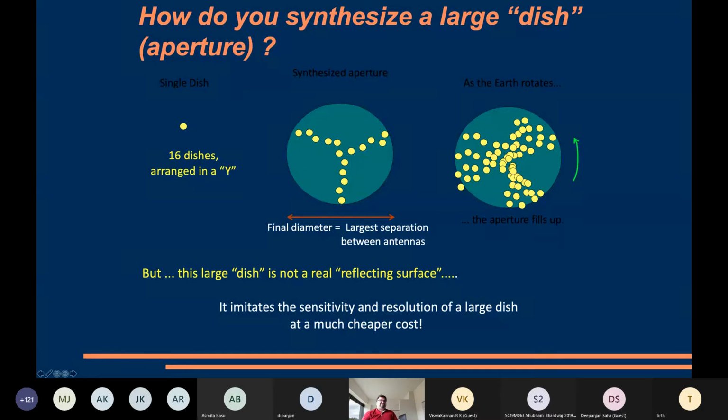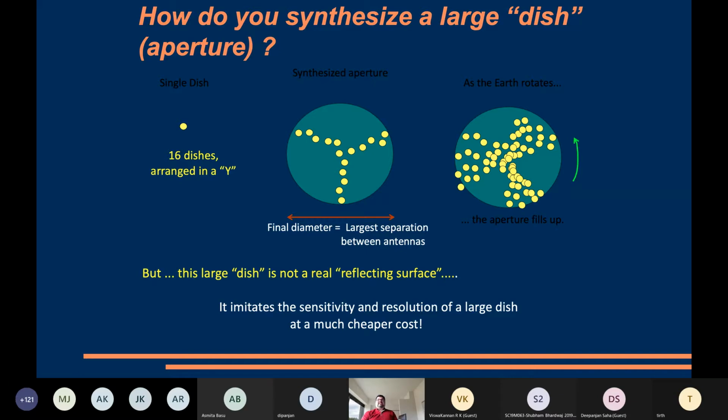So you have a single dish, and now you have a synthesized one. If you want to make the diameter of the dish larger, instead of making a single dish of that diameter, you break it up into a much smaller number of dishes and make multiple of them.